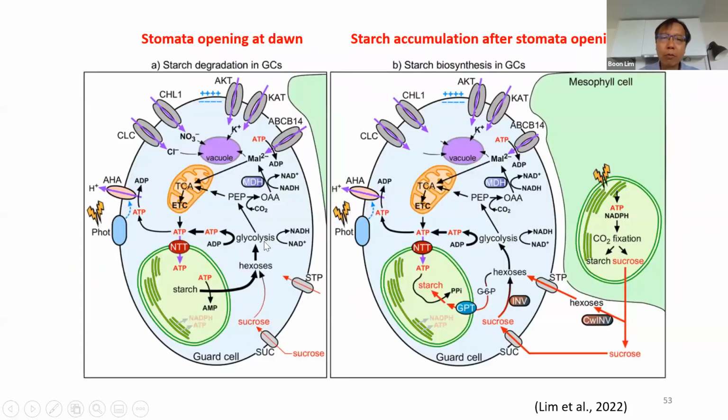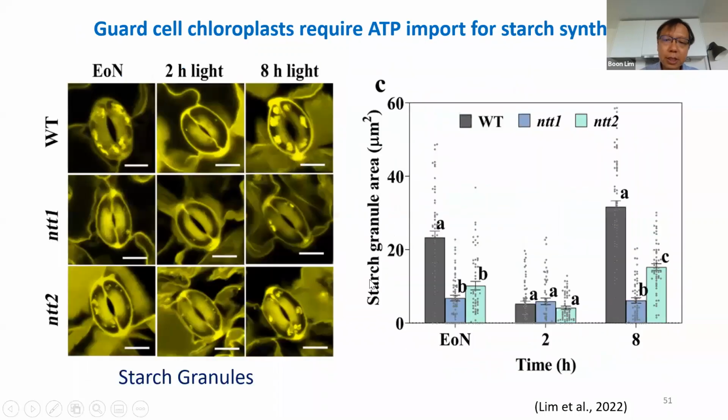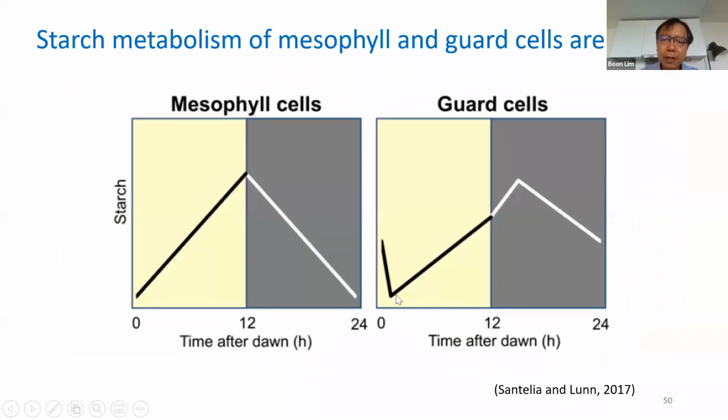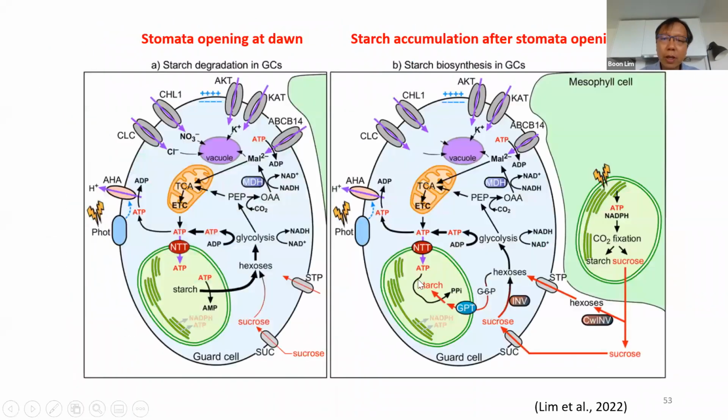And then when the starch disappears, the guard cell needs to synthesize starch. After 1 hour, the mesophyll can fix a lot of carbon and export sucrose, and the sucrose can be used as a carbon source and energy source for guard cells.